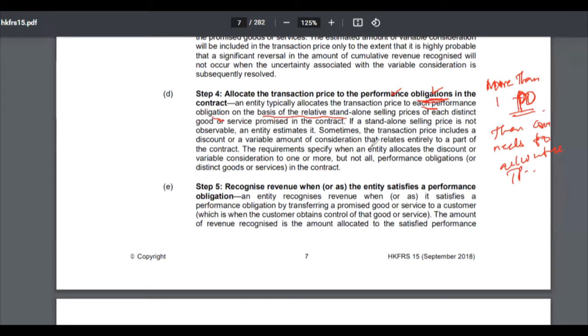The standard defines the basis, so don't assume things by yourself when it comes to allocation of the transaction price. The standard tells you how to allocate the price.